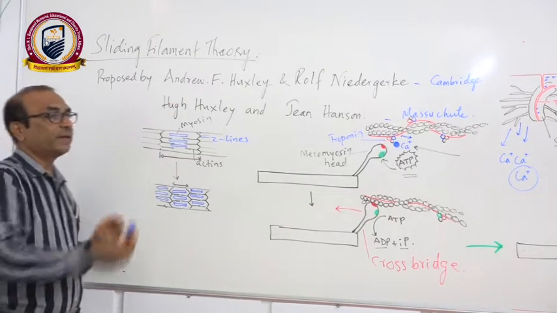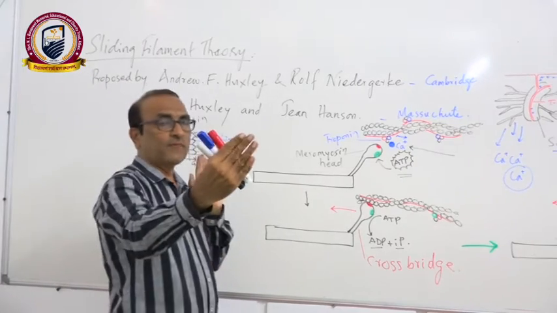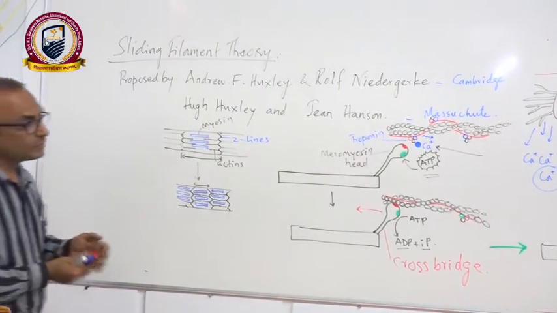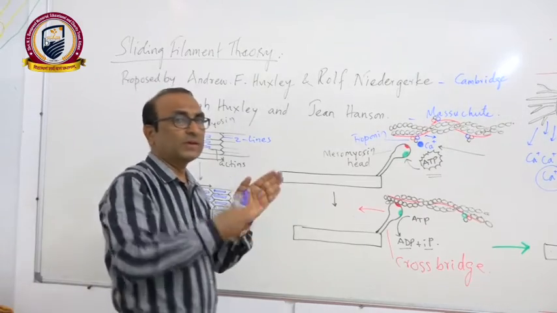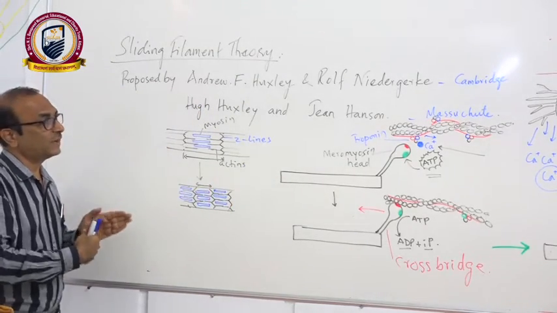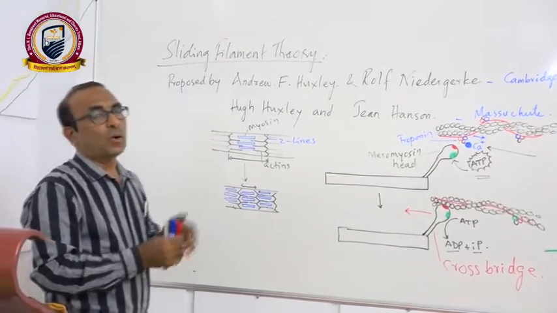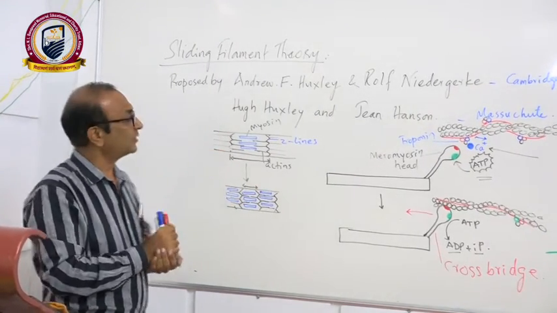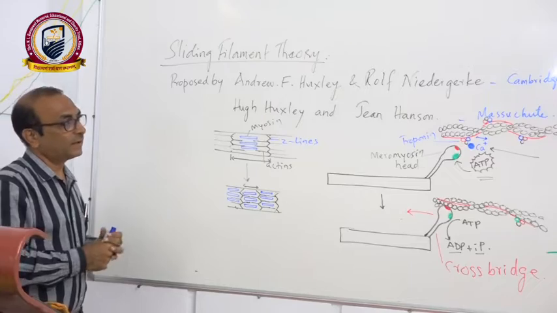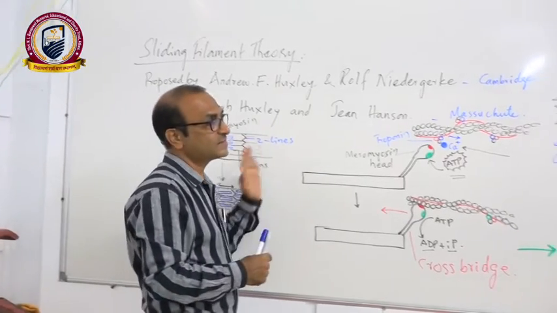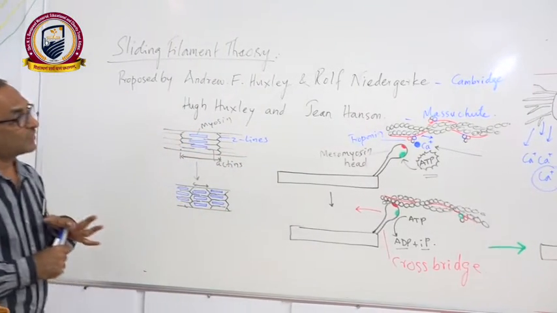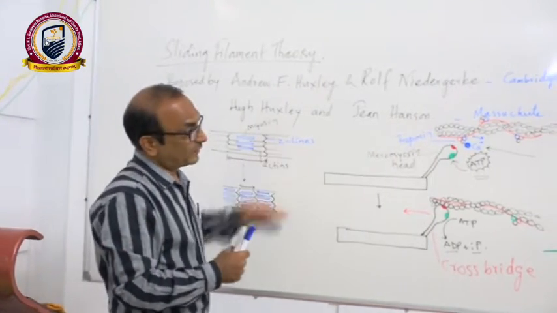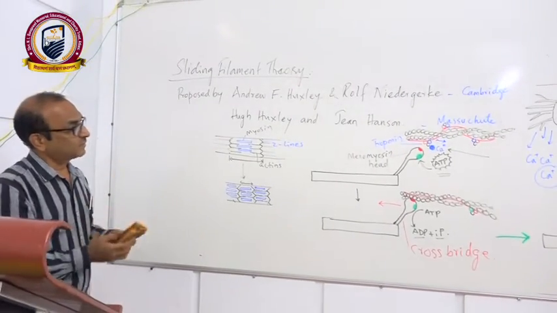And when all the sarcomeres in a myofiber shorten, the myofiber completely shortens, and like this all the myofibers in the fasciculi of the muscles contract at a time, right? And that is how the muscle contracts. So this is what the sliding filament theory is all about, which helps us in understanding how the muscle contraction is taking place.